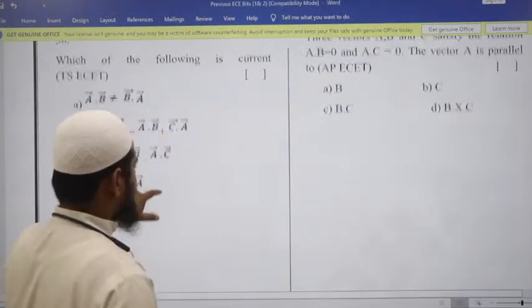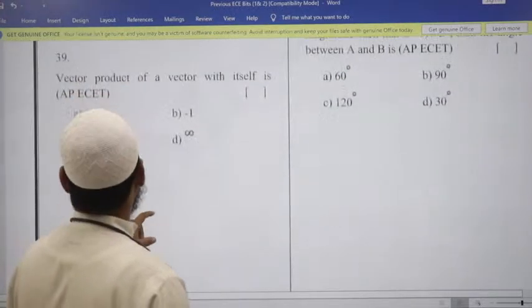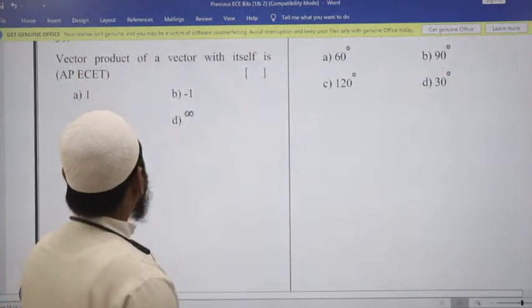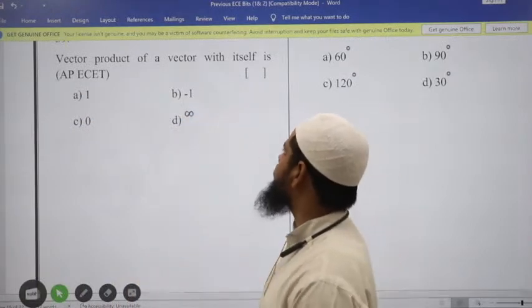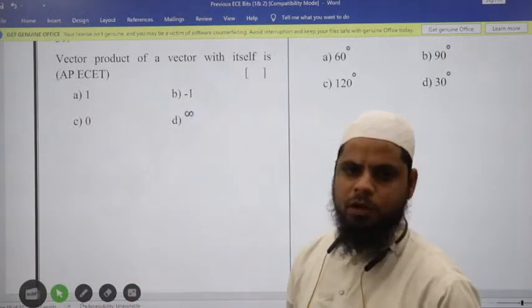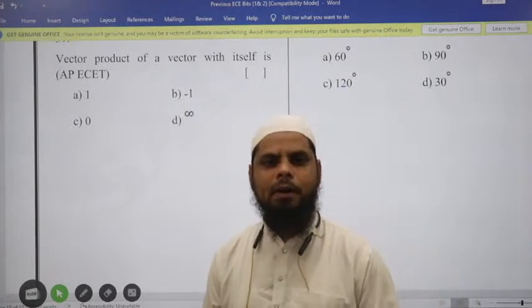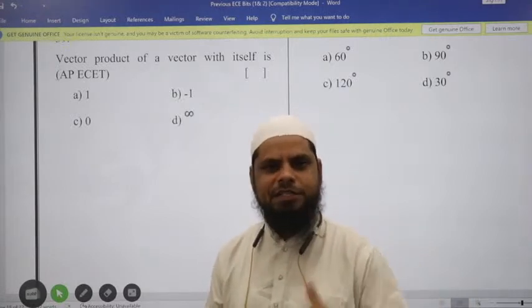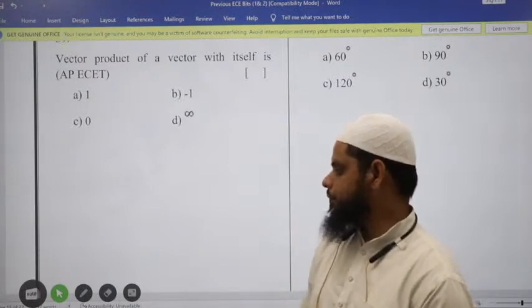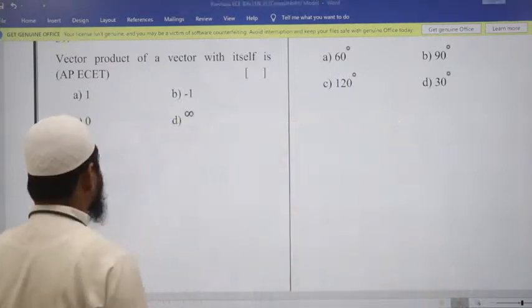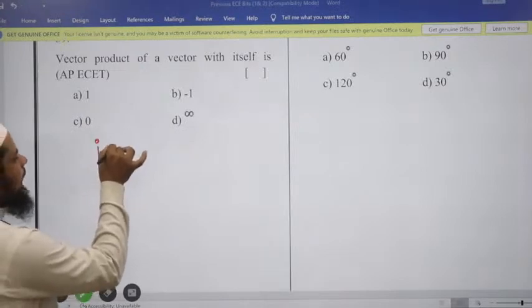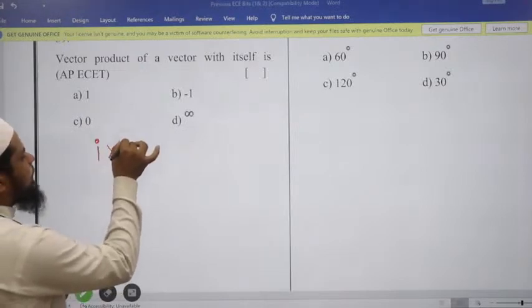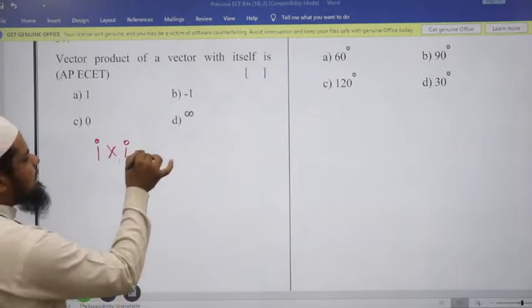So next one, move on to the next problem. The vector product of a vector with itself is, what is that? So that's what he is asking. Example, if I take i as a vector, i is multiplied with the cross operator with itself.